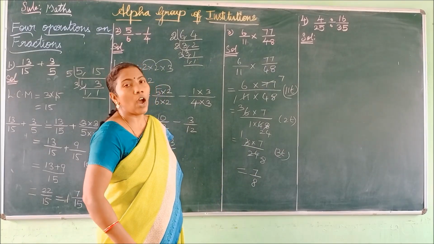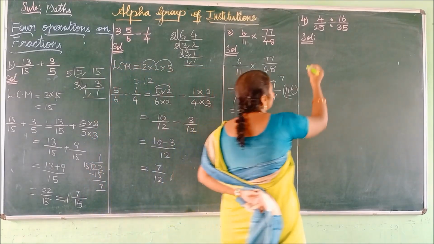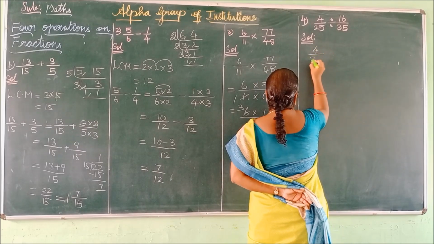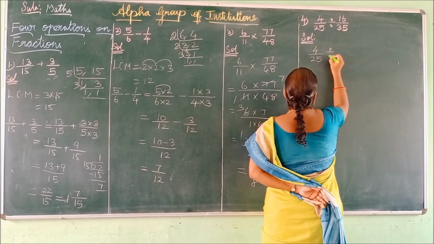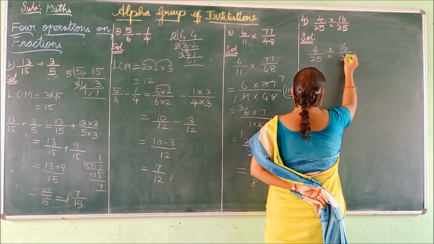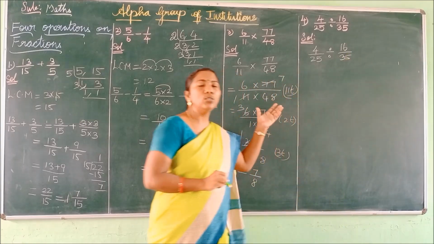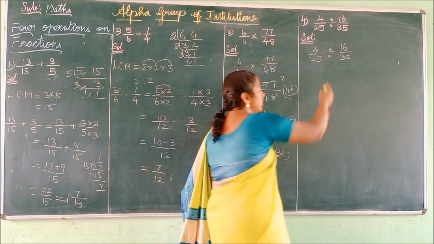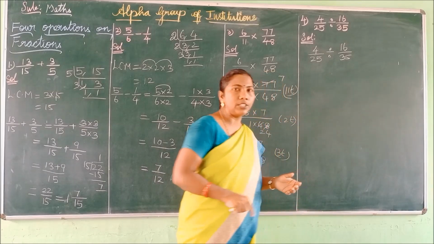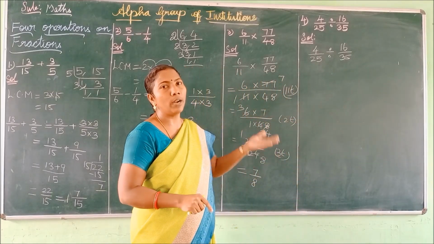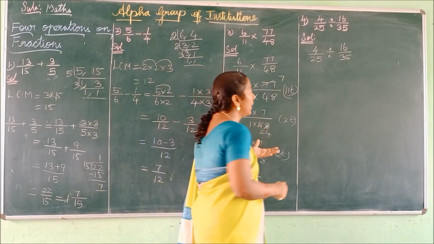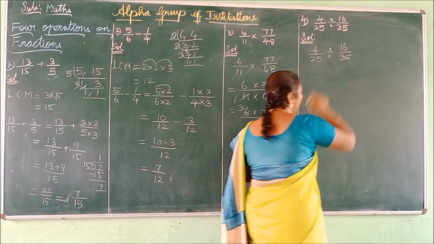Next we are going to see how to divide two fractions. In the solution part, once again you have to write the question. See here, this is very important, division of fractions. In order to divide these two fractions, we have to change this divide into a multiplication operation. How can you change the divide into multiplication? By taking the reciprocal of the second fraction.